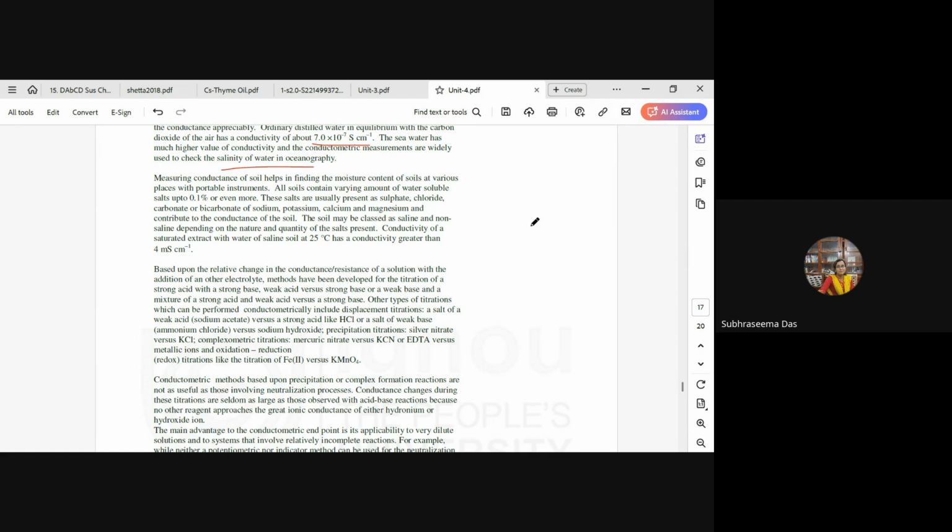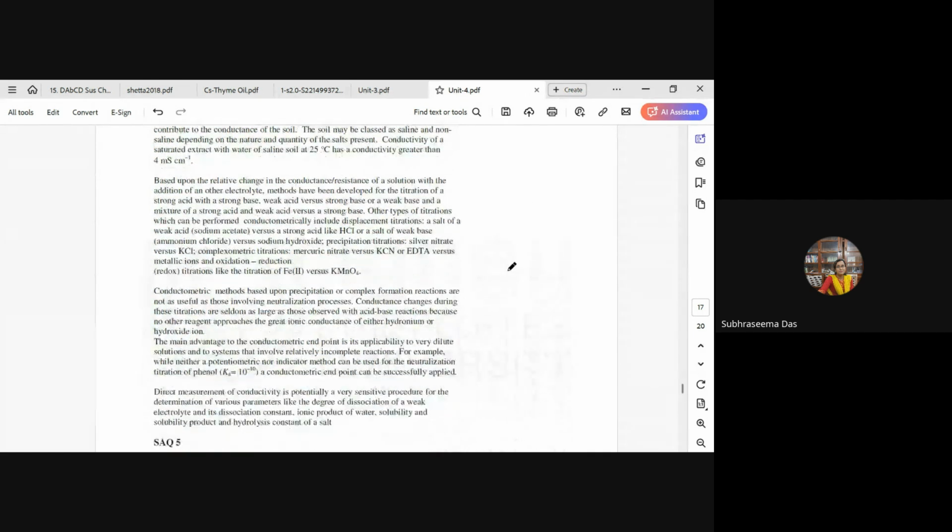Once we measure the conductivity of a saturated extract with water of saline soil at 20 degrees centigrade, the saline soil has a conductivity of greater than 4 millisiemens per centimeter. So we see that the nature of the soil, whether it is acidic or alkaline, can also be known from conductometric measurements.